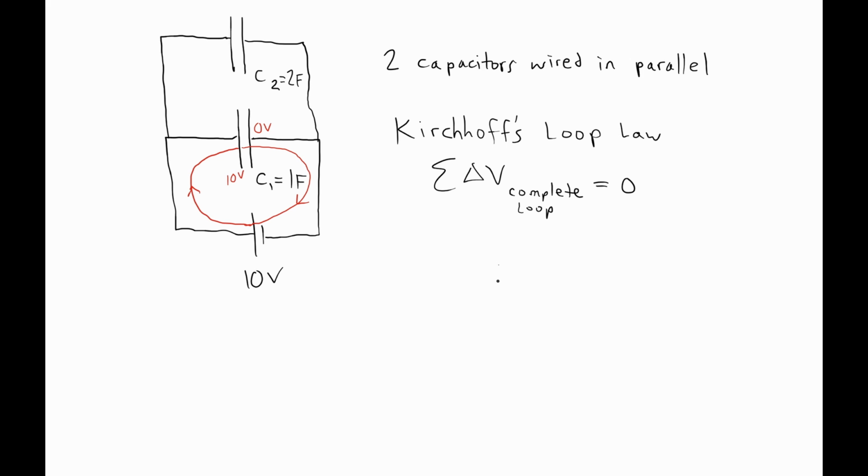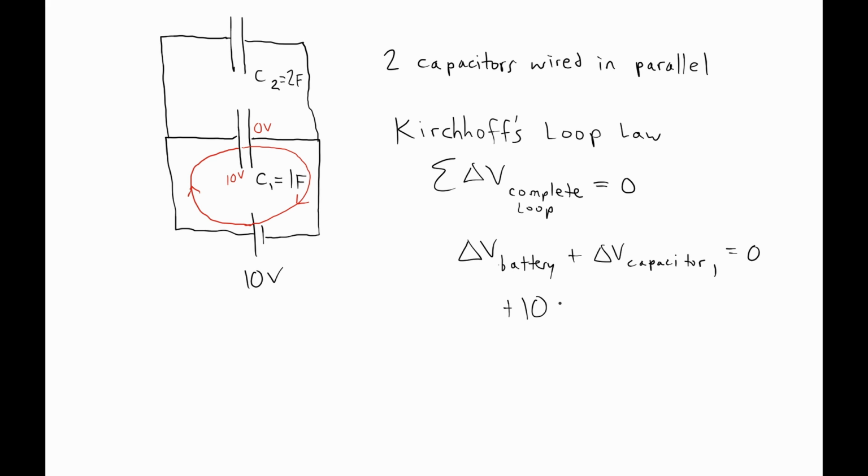Now we can write that mathematically. Say the delta V of the battery plus the delta V of the capacitor has to equal 0.